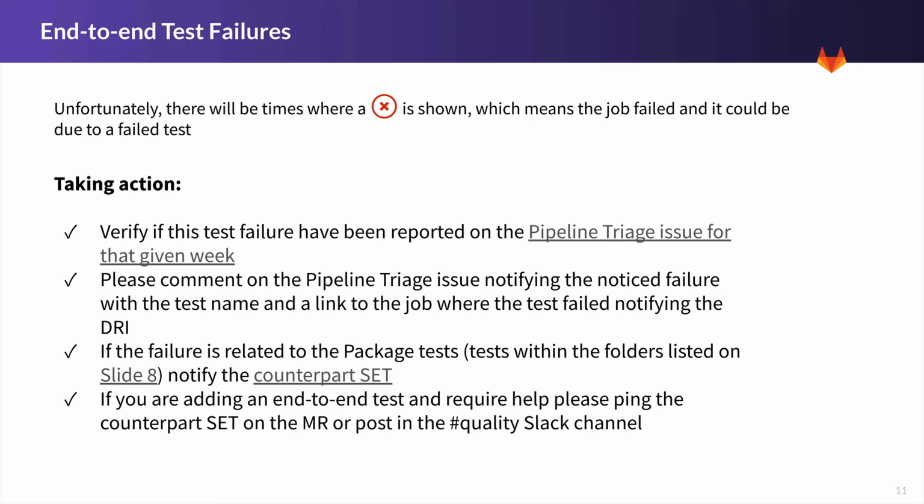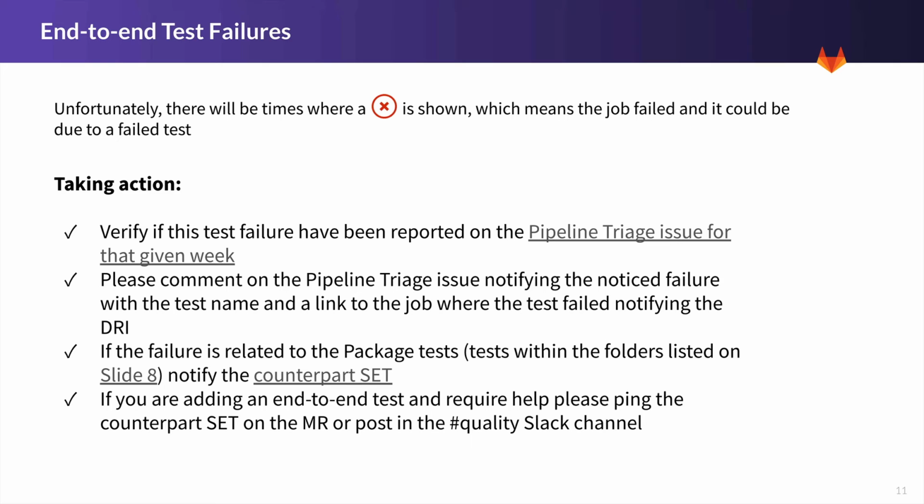So the responsible person, which is basically within that time zone, should be able to see this comment. And if this is actually a failure related to the package tests, you could not only report to the DRI and comment in the pipeline triage issue, but if you notify the counterpart SET, it can be even faster to just understand what's going on, what the failure is about, if this is a false positive.